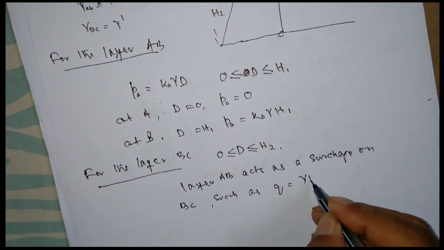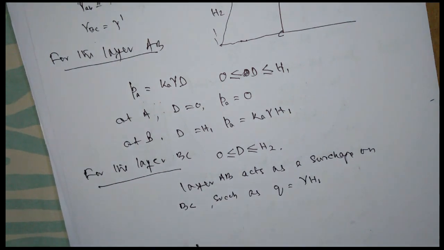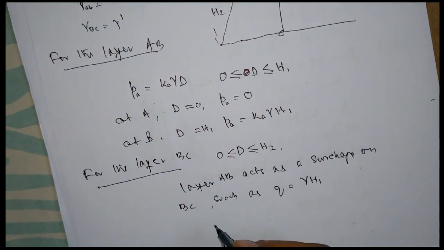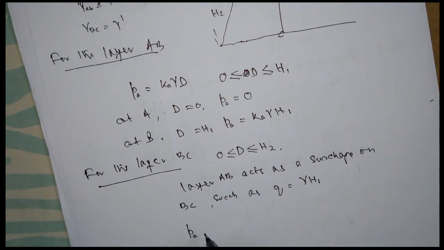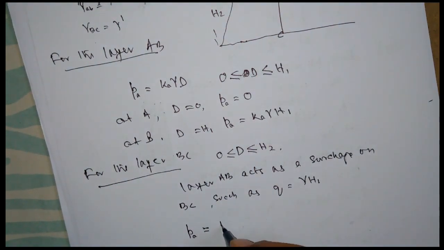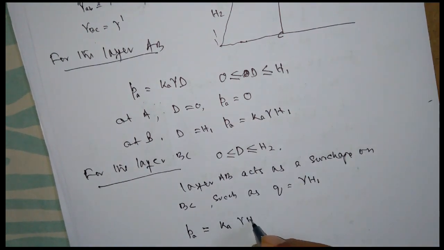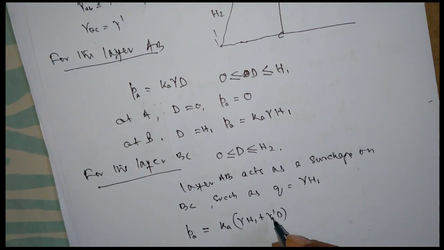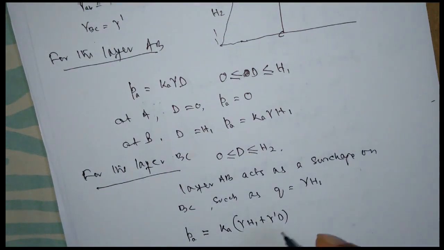It is unit weight into total depth of the layer AB, gamma H1. In that case, the equation becomes: PA at any point between B and C will be Ka times gamma H1 plus gamma sub D, gamma sub because this is the unit weight between B to C.